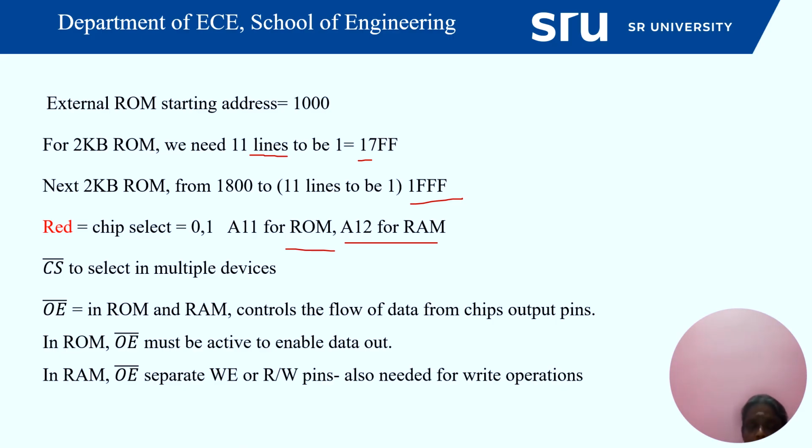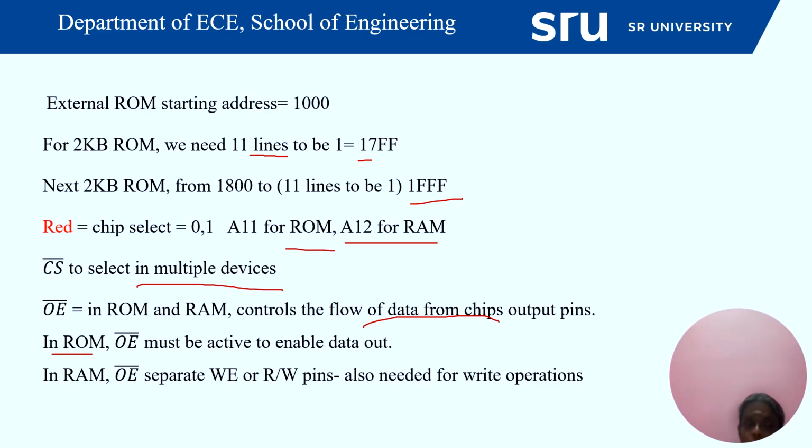And CS bar is used to select among multiple devices. OE bar is output enable. For read-only memory, it will give out the data, so for reading the data, this OE bar should be enabled. In ROM and RAM, it controls the flow of data from the chip output pins.